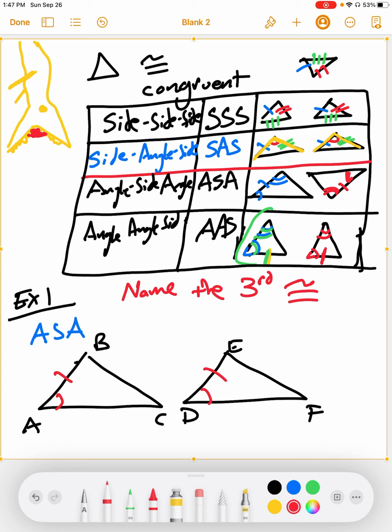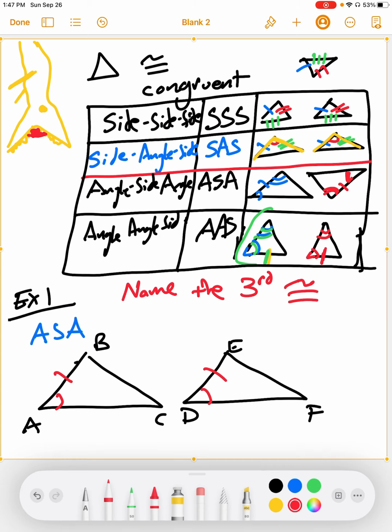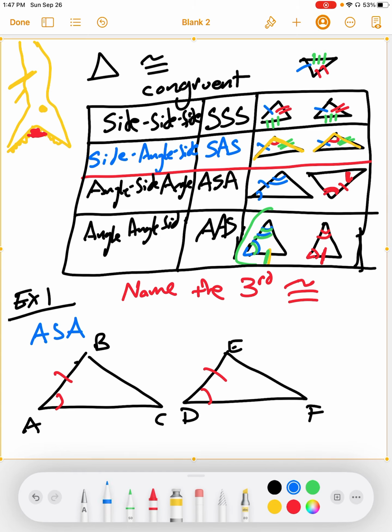For angle, side, angle, the only way that one would work, okay, is in fact what we talked about, angle B congruent to angle E. You could not do C and F because that's not the shortest route. If we went C and then that side and then A, okay, it's not the shortest route.